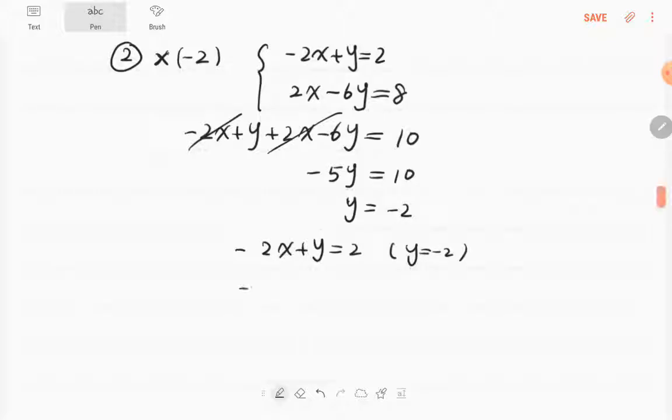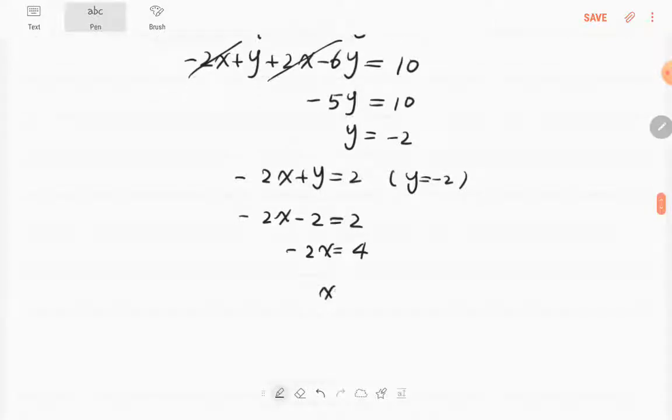So this time we keep the x term, but use negative 2 to replace y. Then we can solve for x. X is equal to negative 2. So we know y, we know x. We have the solution (-2, -2).